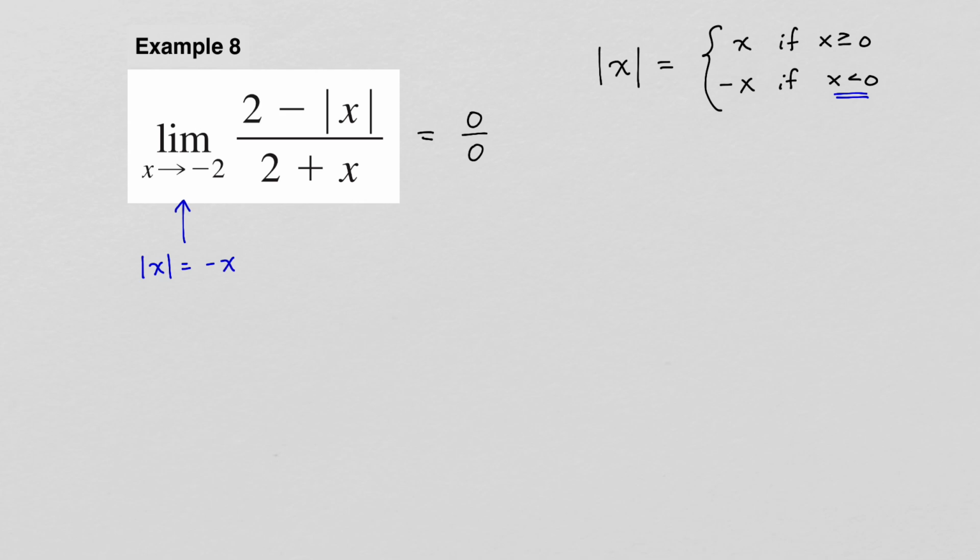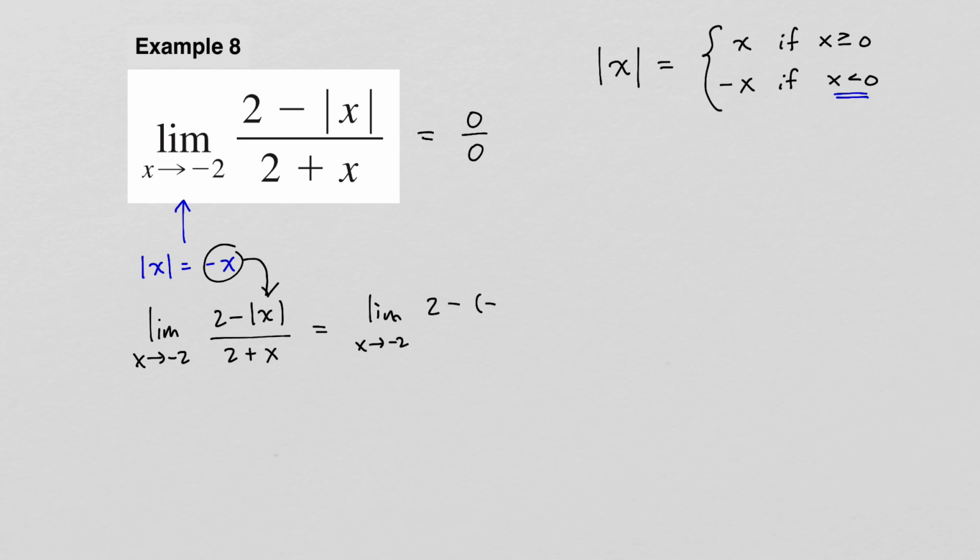So what we can do is take this limit and say the absolute value of x can be replaced with negative x. So I'm going to replace the absolute value of x here with negative x. And if I do that, I get this expression.